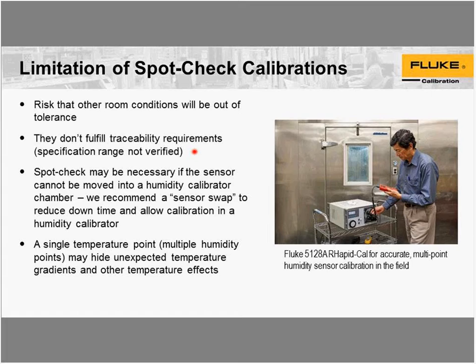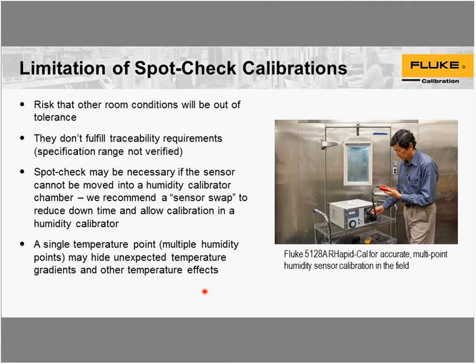But spot check is necessary if the sensor can't be removed from where it's used. And then because it's relative humidity, there may be some other things that happen if the temperature changes that are not observed with a single point check.